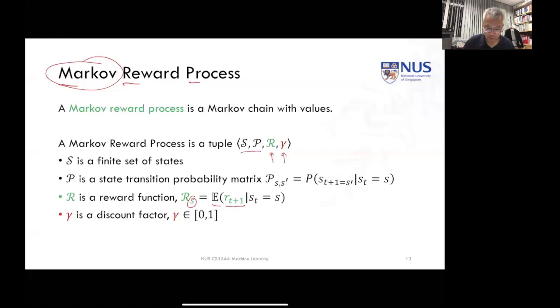Okay, so this means when I'm at a certain state at time step t, then the expectation is once I go away from this time step, I receive a reward value, and I'm going to take that as the reward function, okay?